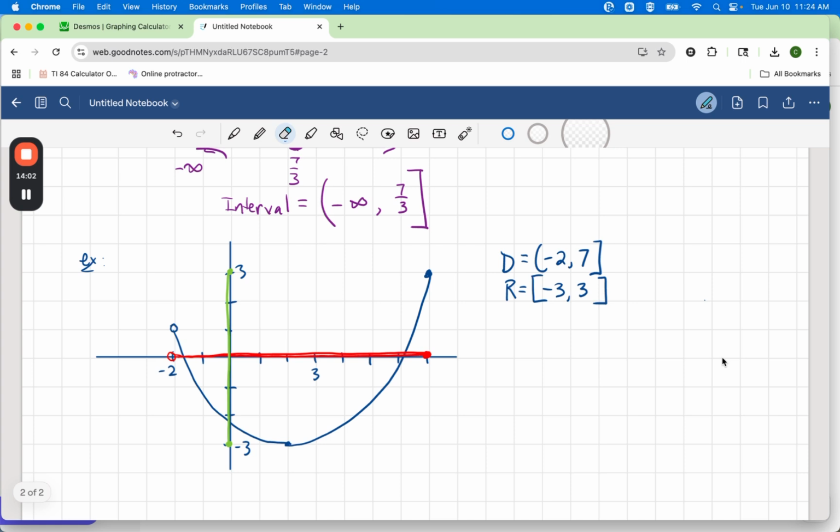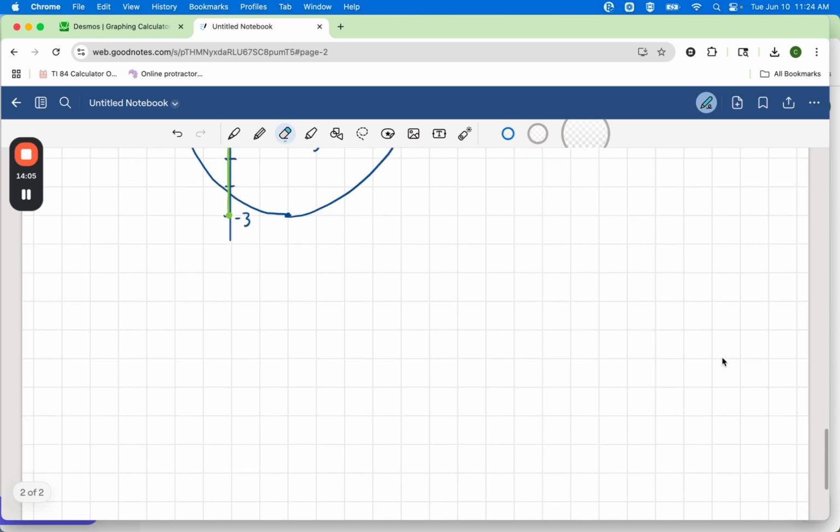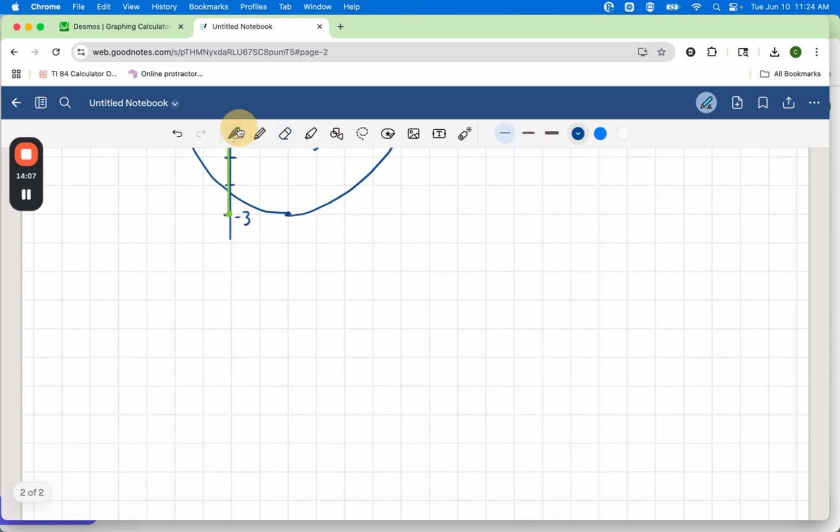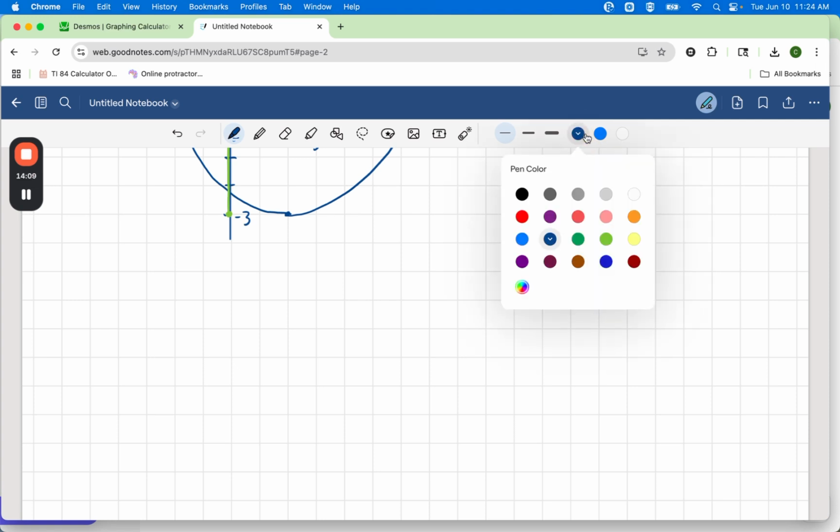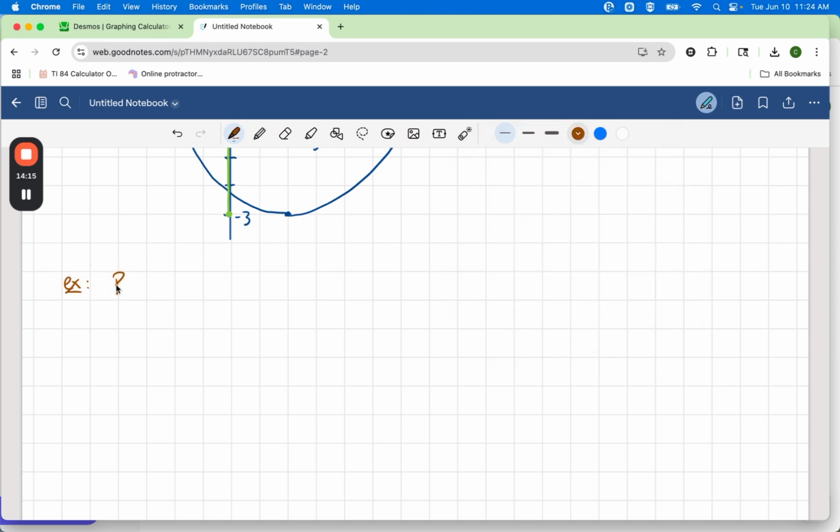Next thing, we have a function that's cut up into pieces. So let's look at one. It's called a piecewise defined function.